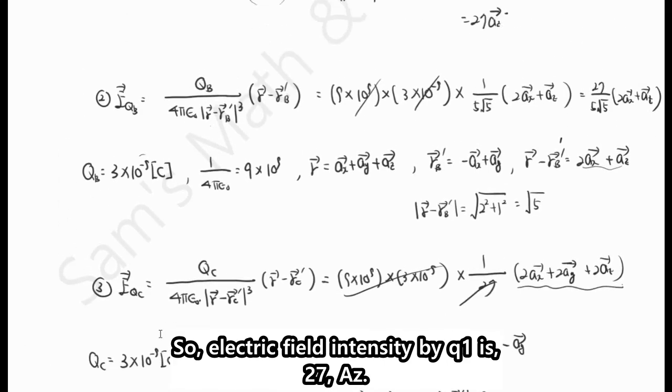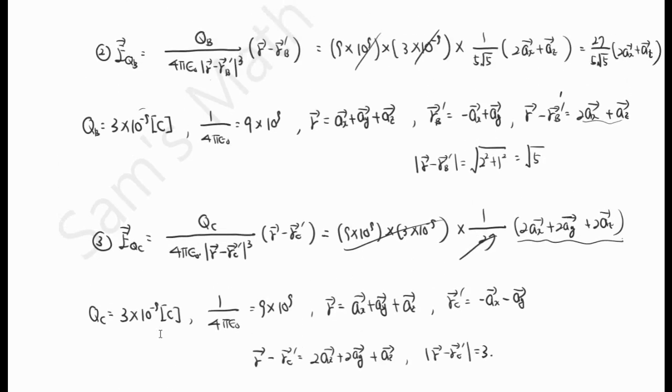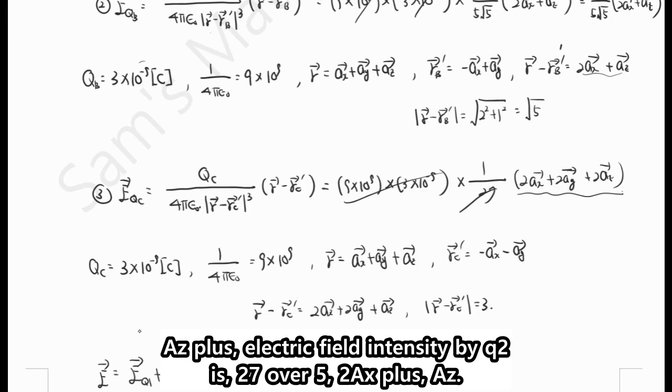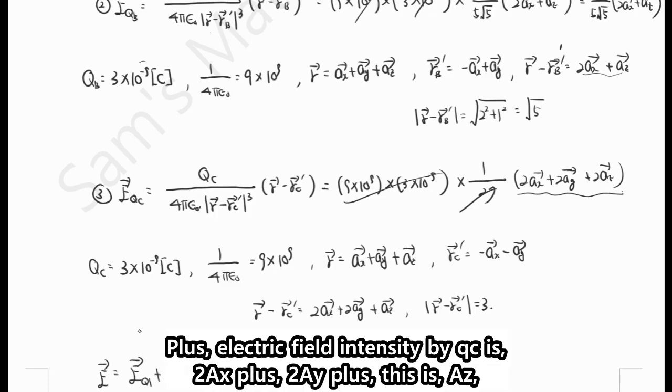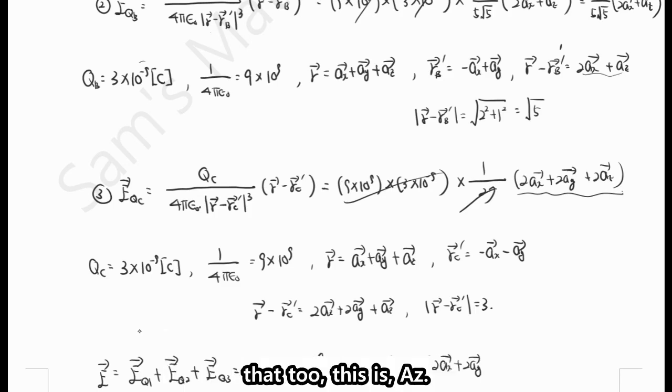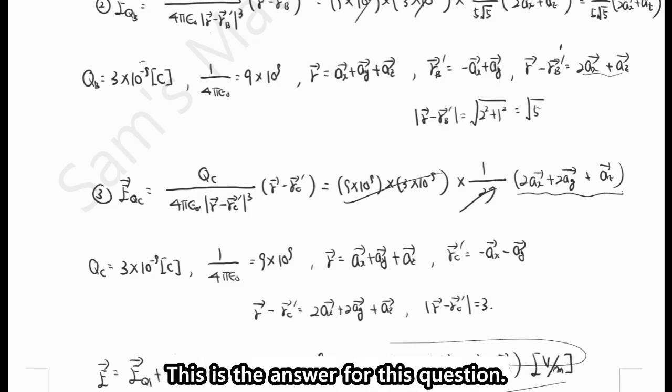The electric field intensity by Q1 is 27 AZ, plus the electric field intensity by Q2 is 27 over 5 square root of 5 times (2AX plus AZ), plus the electric field intensity by QC, which is 2AX plus 2AY plus AZ, and the unit is volt per meter. This is the answer for this question.